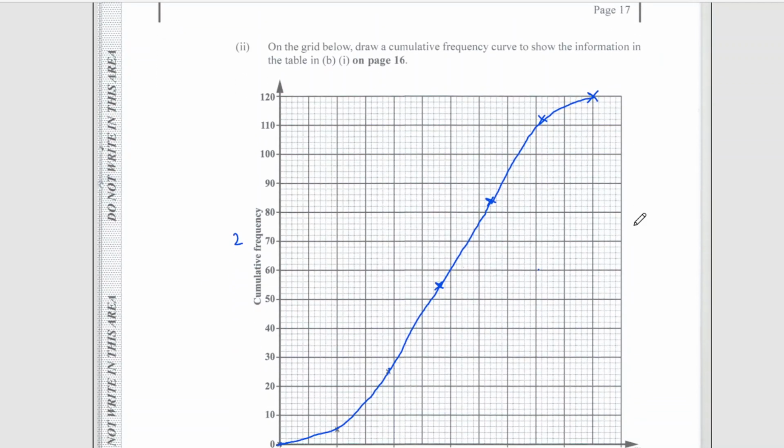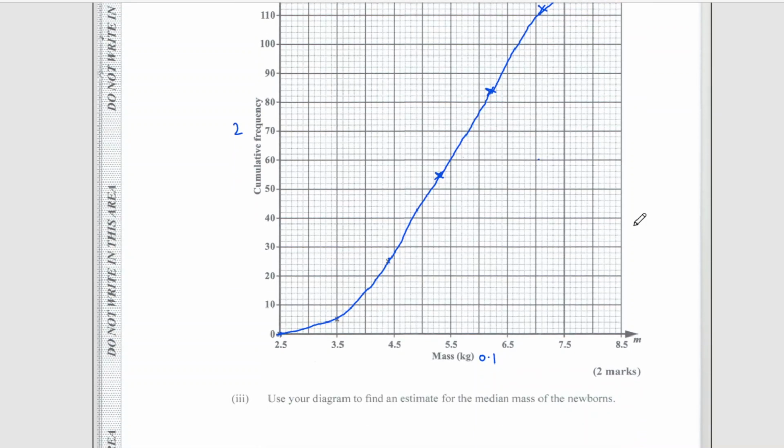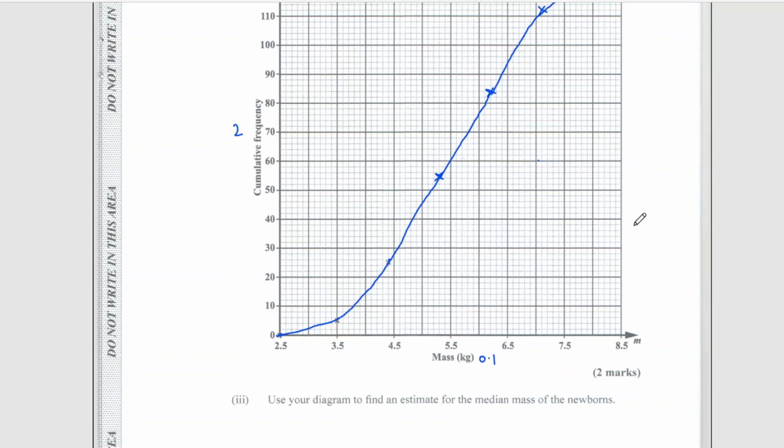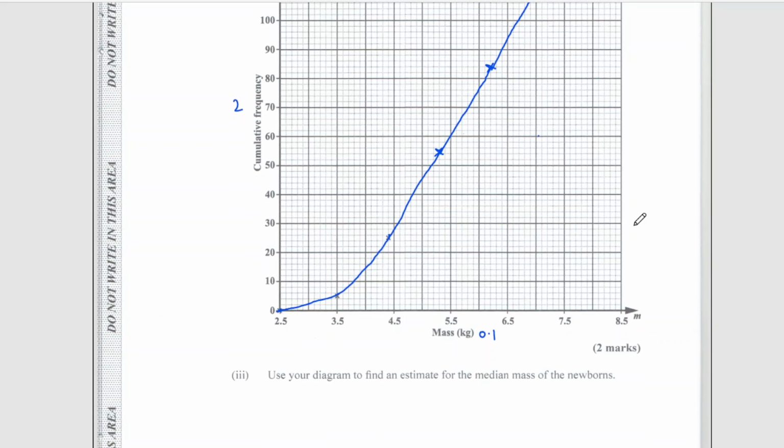Right. So when we finish plotting the curve here now, use your diagram to find an estimate for the median mass of the newborns. So median, when we're doing median from the table, we know we would use n plus 1 over 2, right? When we have it on a cumulative frequency curve, to find median, we just going to say is a half n, or n over 2, same thing, right?